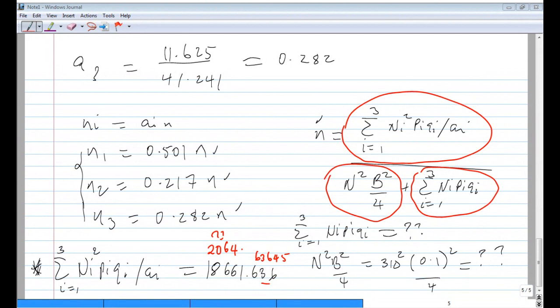Now, find this one. Summation of Ni pi qi. What is the answer? 59.675.